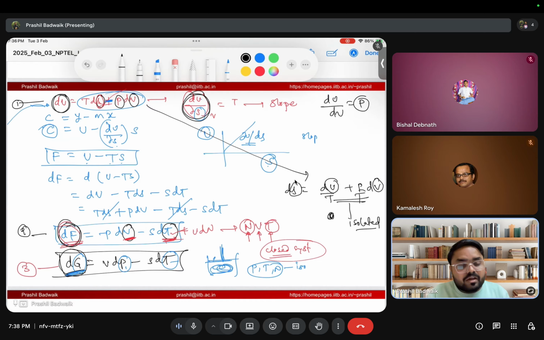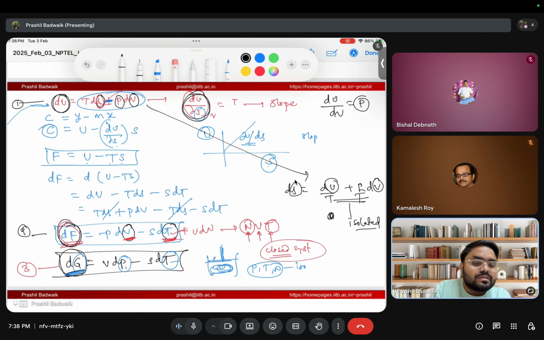And for a reaction which is happening at constant temperature and constant pressure, it is the Gibbs free energy that will tell whether the process will happen or not. So depending on my system under consideration, I will define my own free energy. And now it goes back to the 12th standard, why people were saying delta G has to be something that will decide whether the process will happen or not. Here it comes from this.